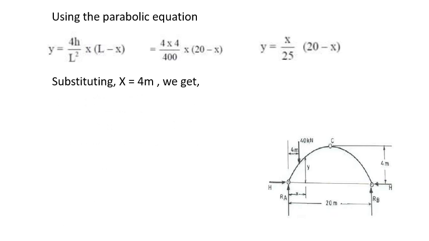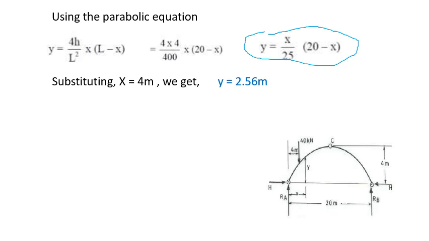So substituting here, it is asked to find the internal forces at the loaded point. So that is at a distance of 4 meters. So substituting x is equal to 4 meter, we get y as 2.56 meter. In this equation you have to substitute x as 4, that is 4 by 25 into 20 minus 4, you get y as 2.56 meter.